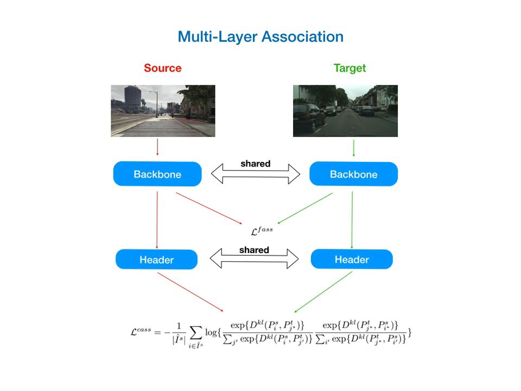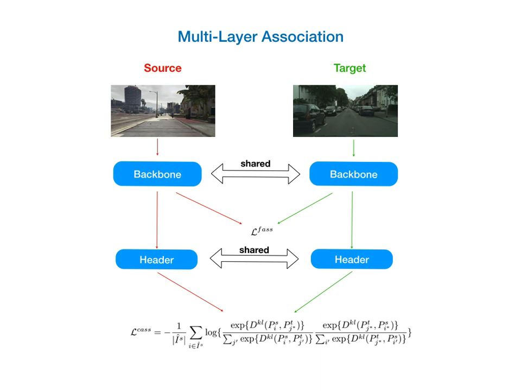That is, we also try to build the associations based on the predicted pixel-wise probability distribution. Different from the associations on feature maps, we adopt a negative KL divergence between predicted distributions to measure the pixel-wise similarities.